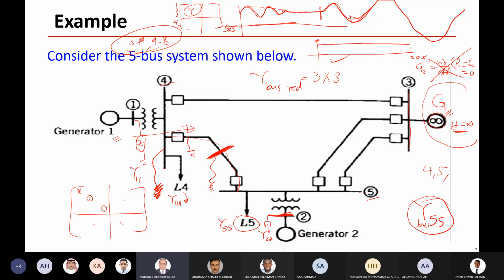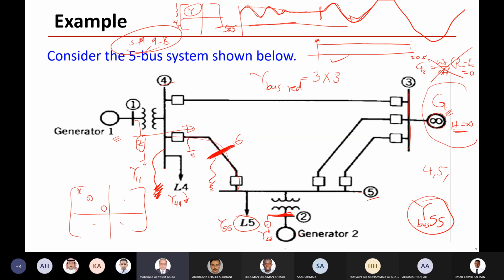And assume that we have a fictitious bus here. Since in advance you know that the fault could occur at any point of this line, let us add here bus number 6. And you can make it adjustable.